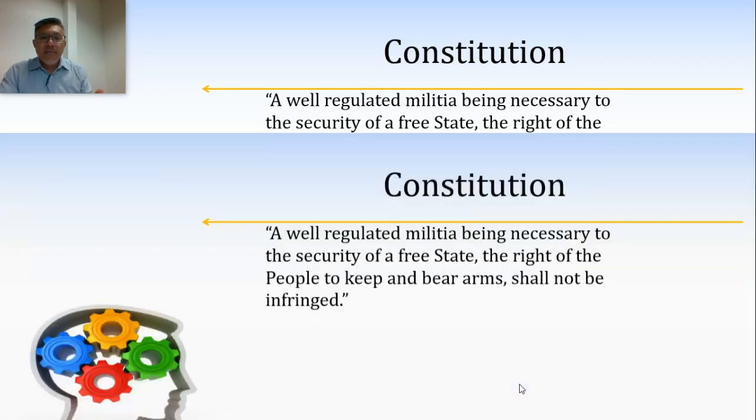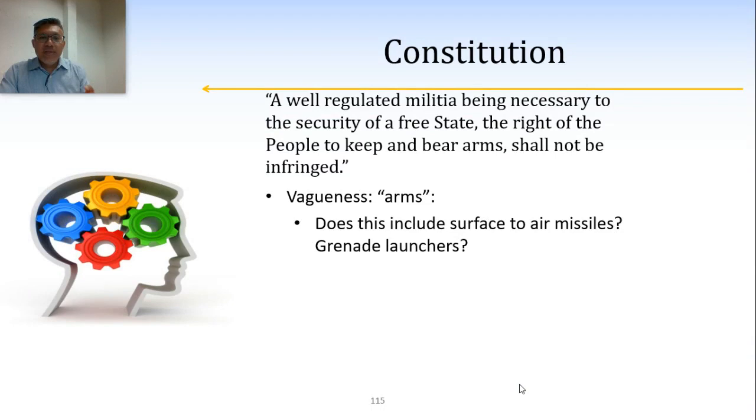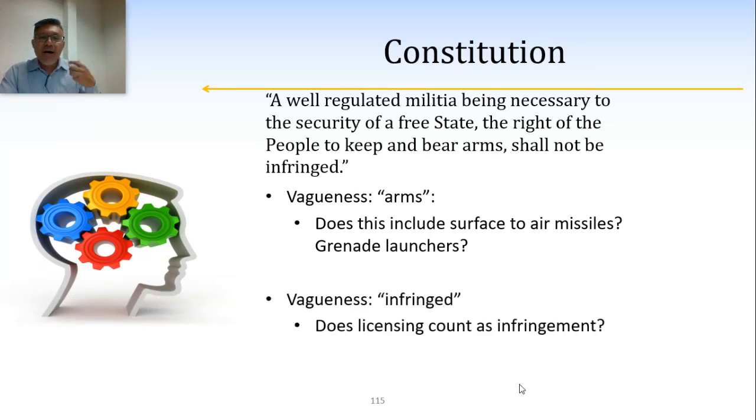How about the idea of arms? What does arms refer to? Does arms refer to bazookas and semi-automatic weapons, or does it refer to hunting weapons? What about infringed? What does it mean to have our right infringed upon? Does that mean we can't delay anybody getting a weapon, so anybody who wants one can get one, because we don't want to infringe upon their right?